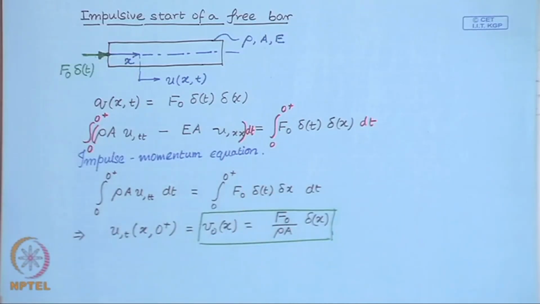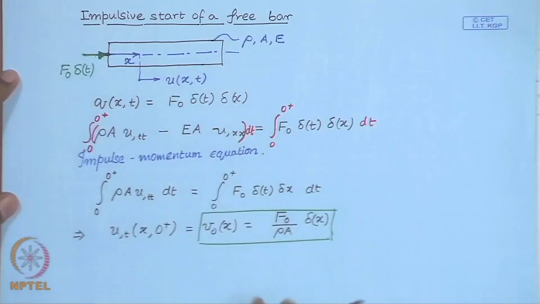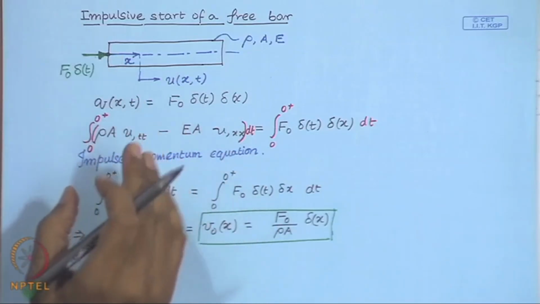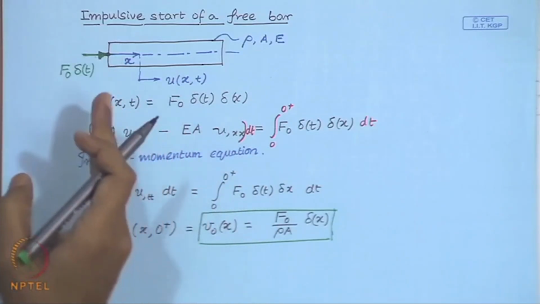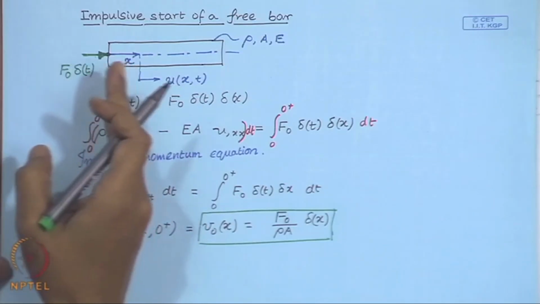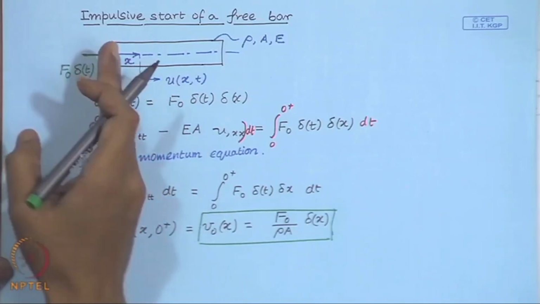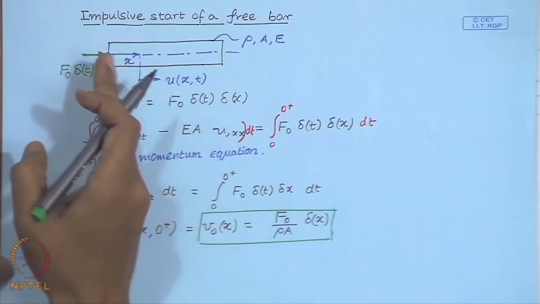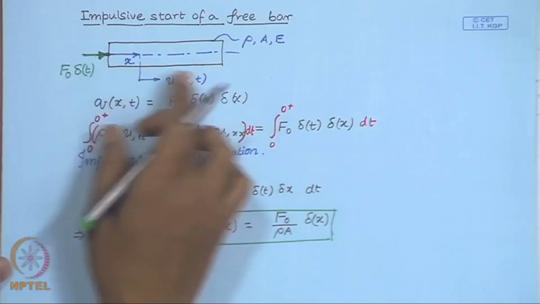Now, when we disturb a bar like this and give an impulse, as you can guess from the animations I have shown you, there is a wave front which starts propagating. This point of the bar immediately does not know that there has been an impulse.